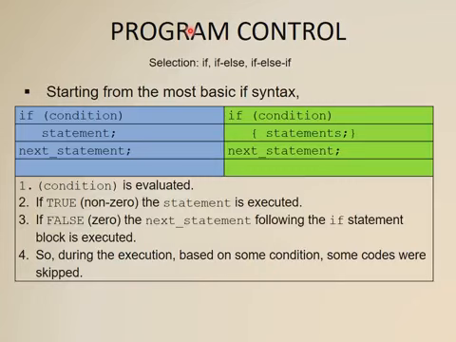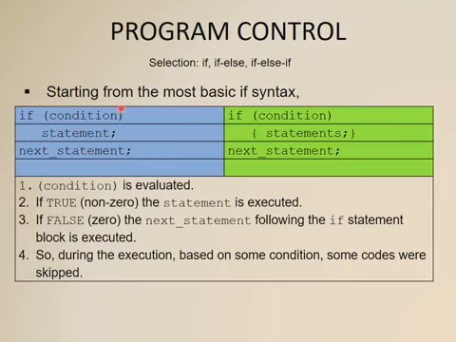So let's start with the first, that is if else and if else if. So what is an if? If is a conditional statement. The basic syntax for the if is the if keyword, then the condition that we want to check, then depending on this condition, whatever true statements we have to execute come into the statement part, followed by the next statements.